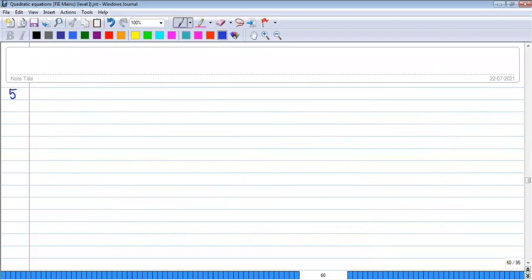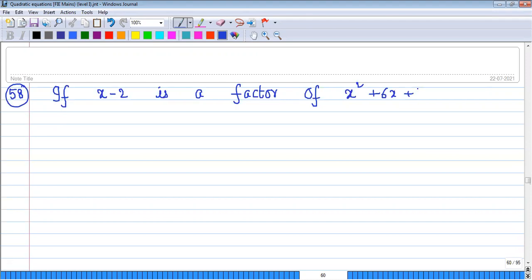Next, 58. If x minus 2 is a factor of x square plus 6x plus 16b, then b is equal to.